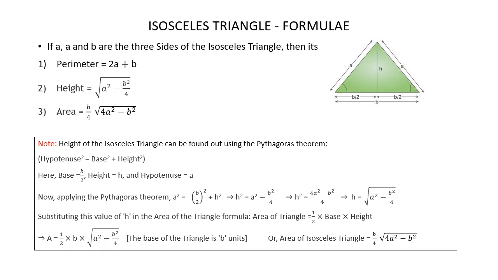So this 2 multiplied by this 2 is 4. So now you have area of the isosceles triangle is equal to b by 4 multiplied by square root of 4a squared minus b squared. Remember these three formulas to solve problems on isosceles triangle.